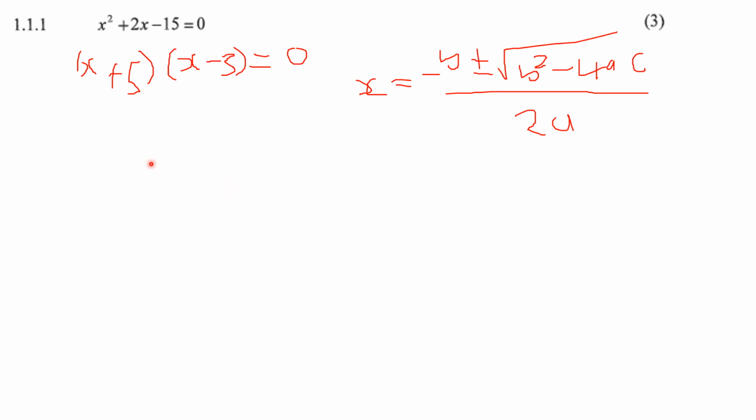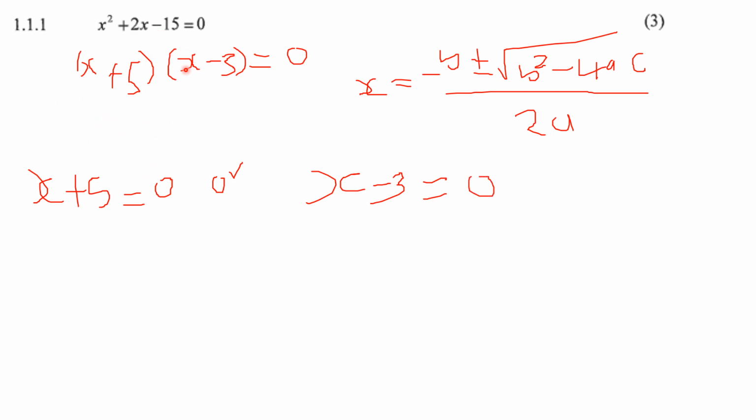So the zero factor law says, let me just erase here, if x plus 5 is equal to 0, or if x minus 3 is equal to 0, therefore the equation will be true.